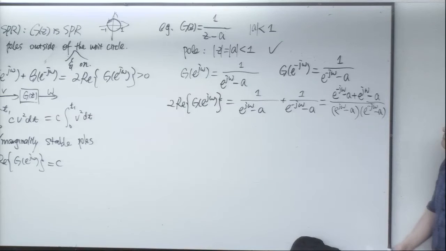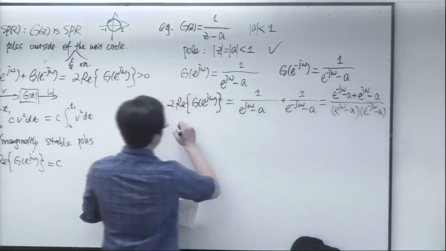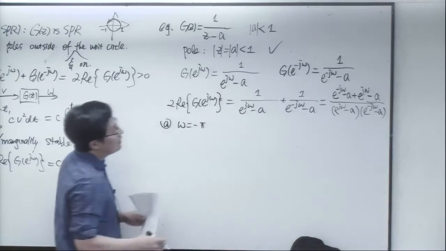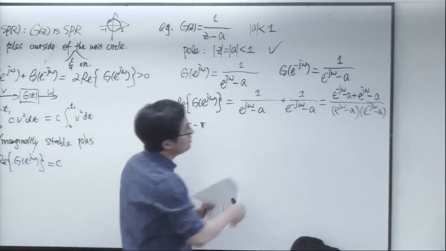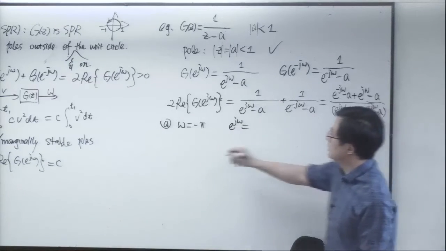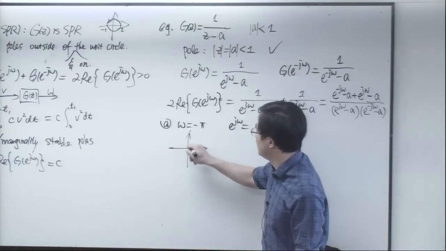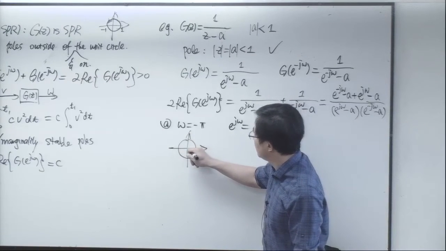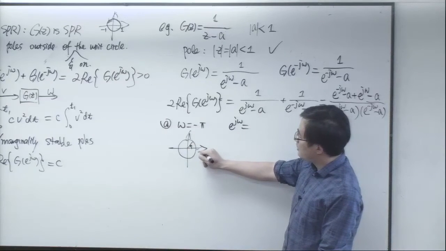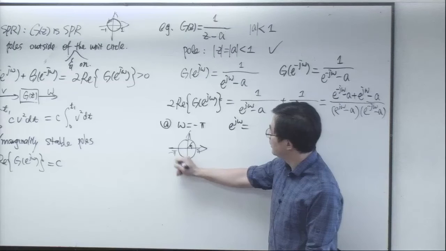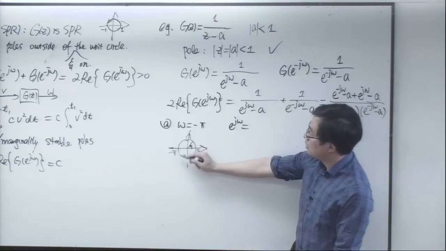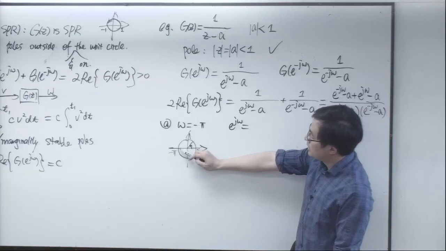Let's pick omega equal to negative pi. We're going to have e^(jω), so this is a unit circle. As you evaluate omega from pi to negative pi, e^(jω) is this complex number that rotates within this unit circle.